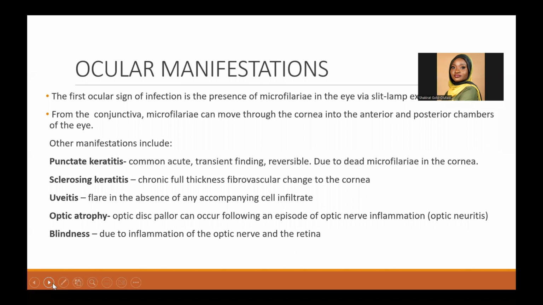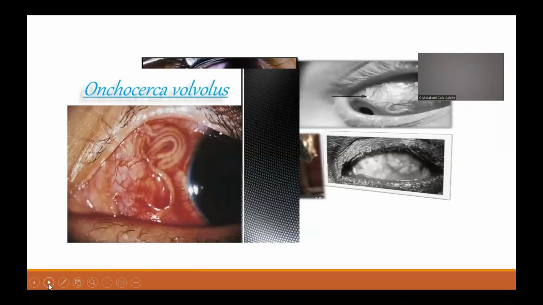But when that worm or the microfilaria begins to move into other chambers of the eyes, the anterior and the posterior chambers, it can then cause a lot of damage to the eyes, cause acute inflammation, that's punctate keratitis of the eyes, and then can cause inflammation of the optic nerve, which is the nerve that supplies the eye. And then, of course, it can lead to blindness.